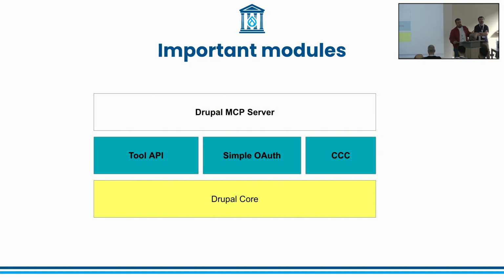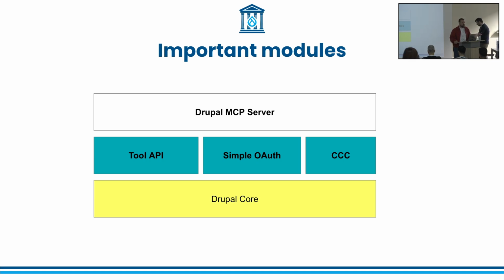Tool API is a foundational layer in Drupal which creates a way for different kinds of actions to be discovered within Drupal and described. This last part is very important for LLMs, so they know when to use different actions and when to run them. This module standardizes this.